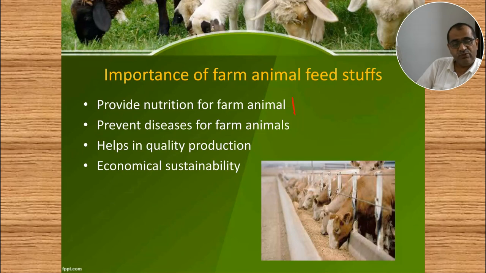So we need to put the feed to the animal every day to get very good milk, and to prevent diseases, especially in farm animals. If proper protein is available to the animal, then the antibodies and the defense mechanism can be built very well.